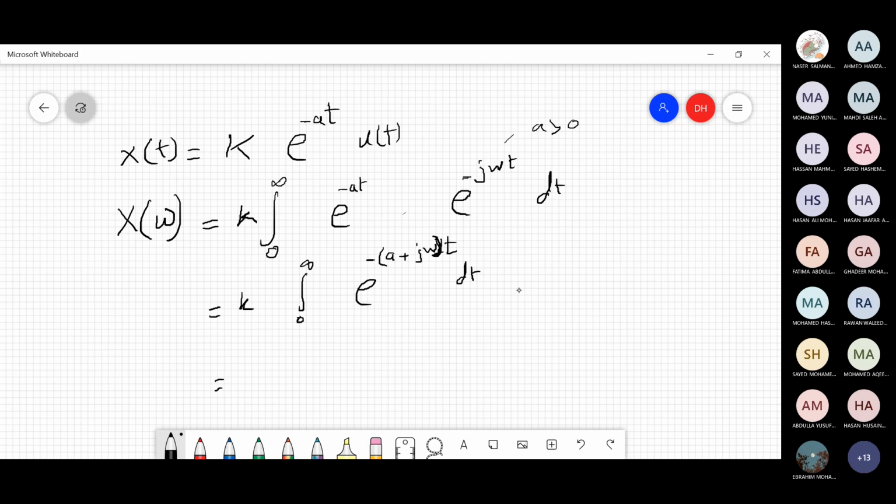And this is equal to e to the power of minus (a plus j omega) t divided by a plus j omega, with respect to t, and we have a minus, so we change the limits, so it is from infinity to 0.